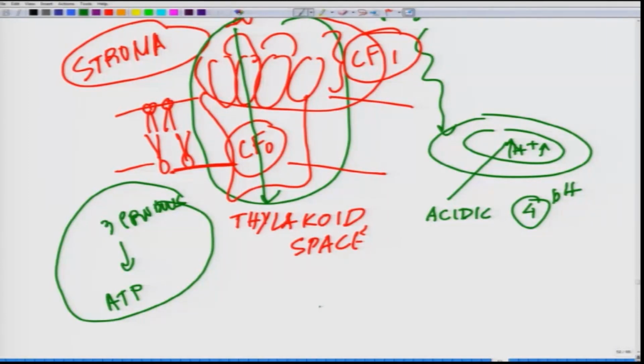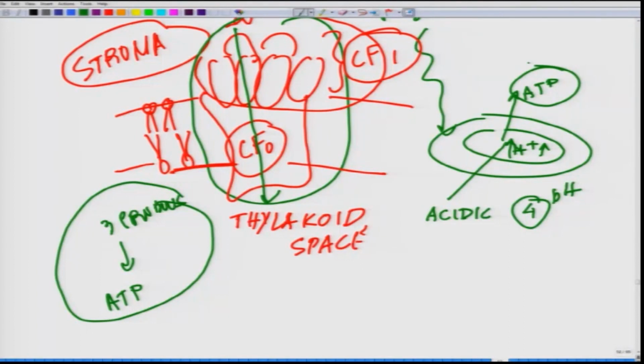Interestingly, ATP and NADPH, the products of the light reaction of photosynthesis, are appropriately positioned for the subsequent dark reaction in which CO2 is converted into carbohydrate. And CF1 is on the stromal surface of the thylakoid membrane, so the newly synthesized ATP is released into the stromal space. So, the ATP which is now synthesized comes out into the stroma.